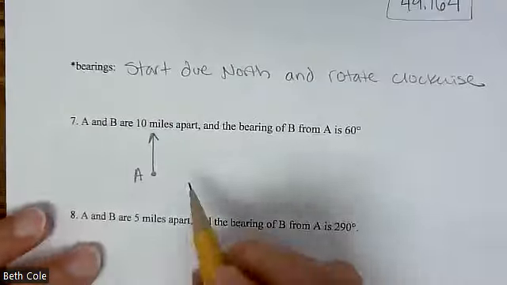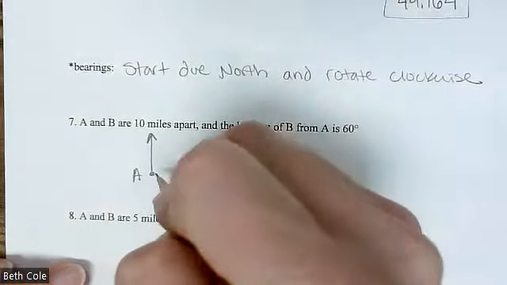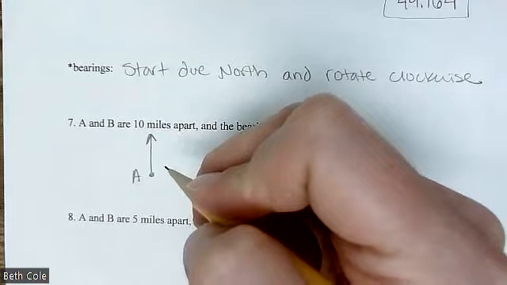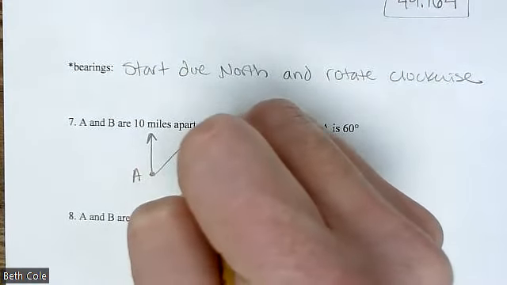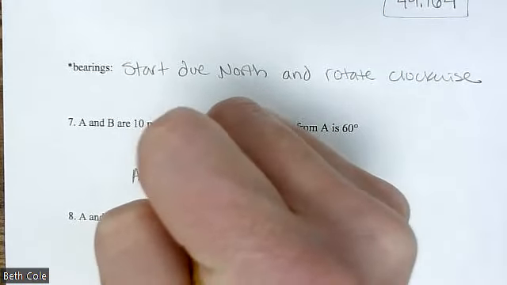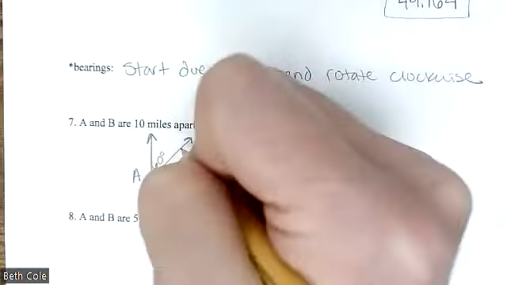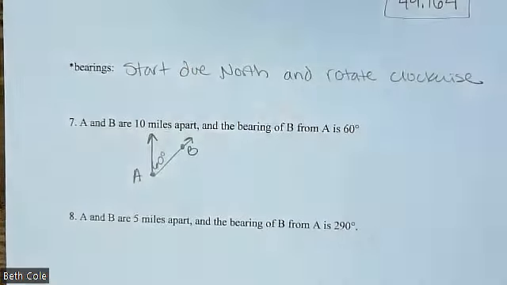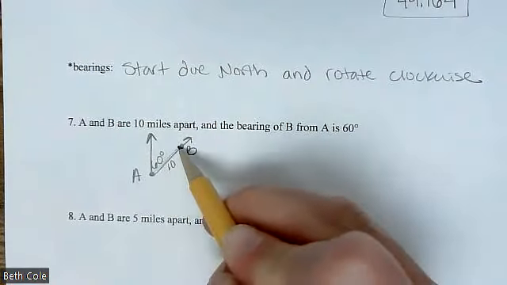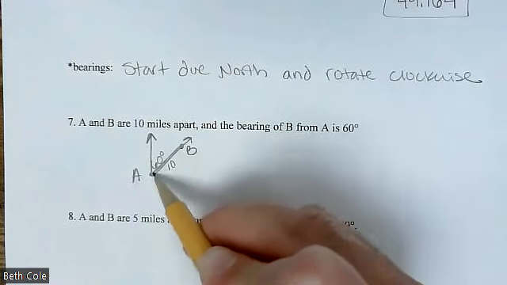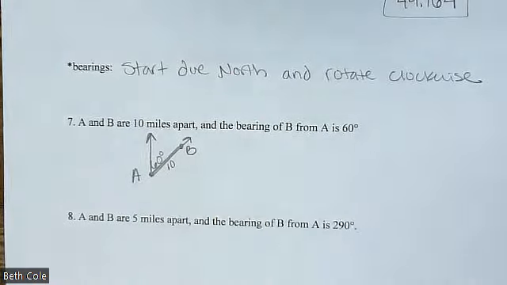Okay. So you're going to go clockwise 60 degrees. This is not to scale. I'm not going to get out a protractor and measure the angle, but it would be somewhere about like that is your 60 degrees. So B would be over here, and they are 10 miles apart. So this distance is 10 miles. So that's how you start at point A and get to point B.